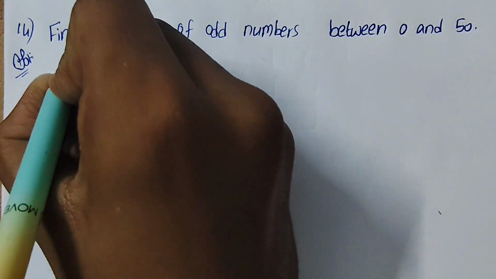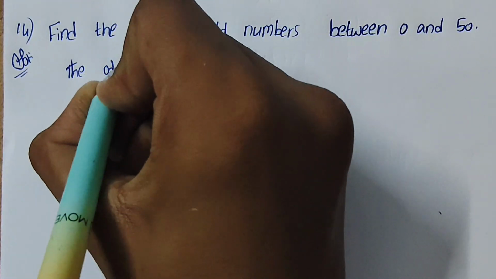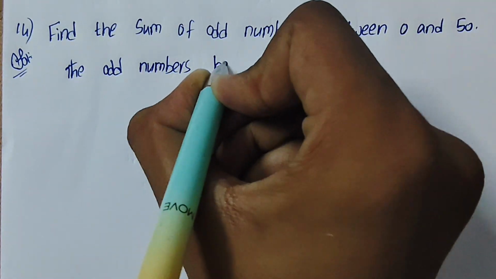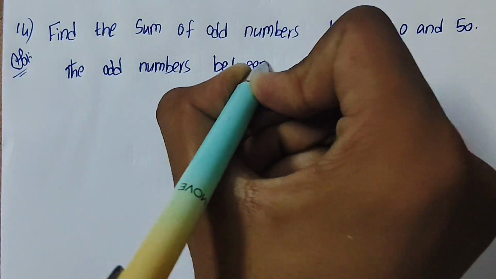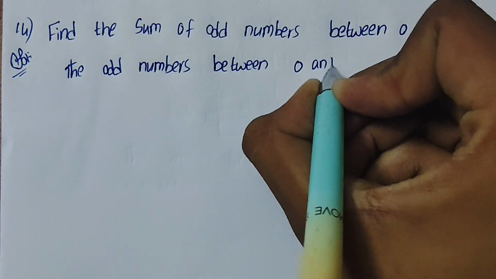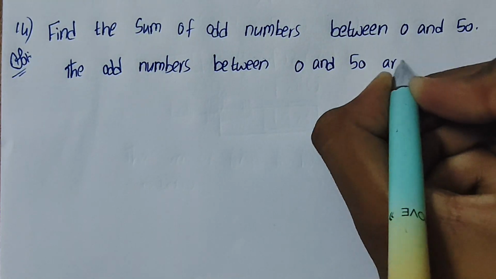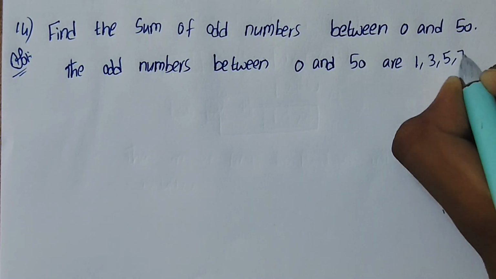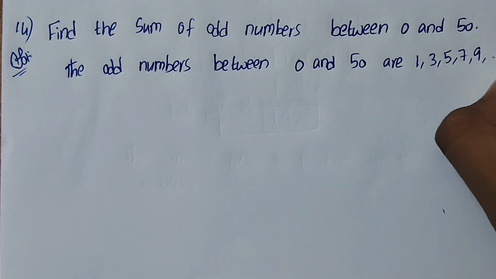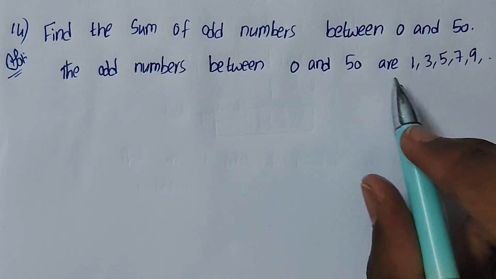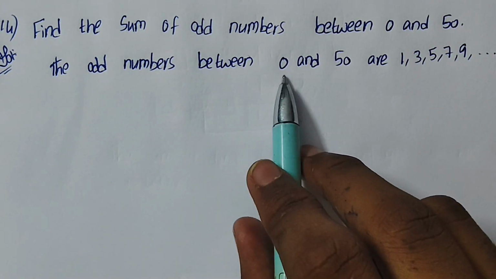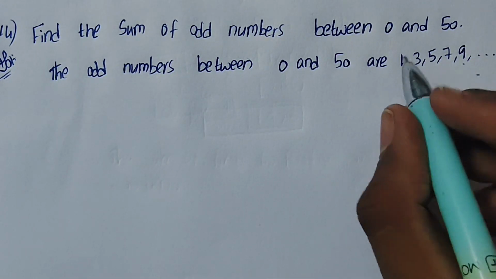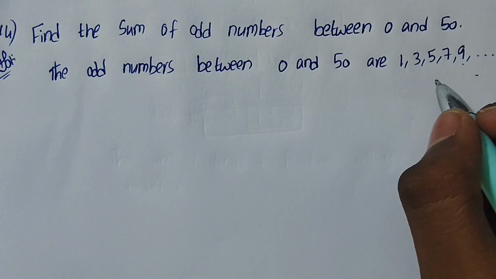So I am writing the odd numbers between 0 and 50 are 1, 3, 5, 7, 9 and so on. These are the odd numbers which are between 0 and 50, and I wrote and so on. So let us think this is the given AP.